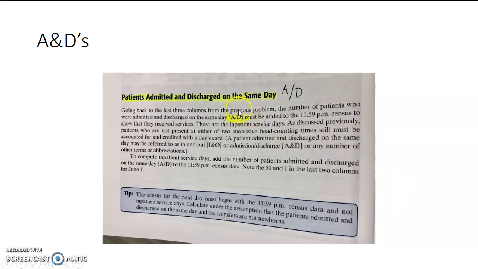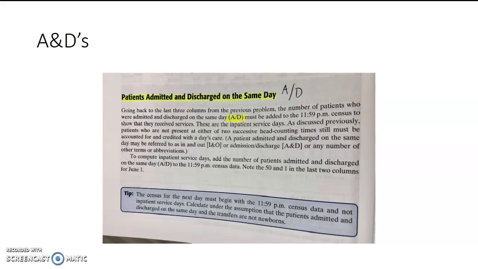So we lovingly refer to them as A/D or A and D. I mean, your textbook talks about in and out, but I'm going to be real honest, y'all. Other than the textbook, I've never seen I and O. I've seen it mostly like this, and then using the ampersand, the and symbol. So you just know that those admissions and discharges aren't used on the head in the bed census.